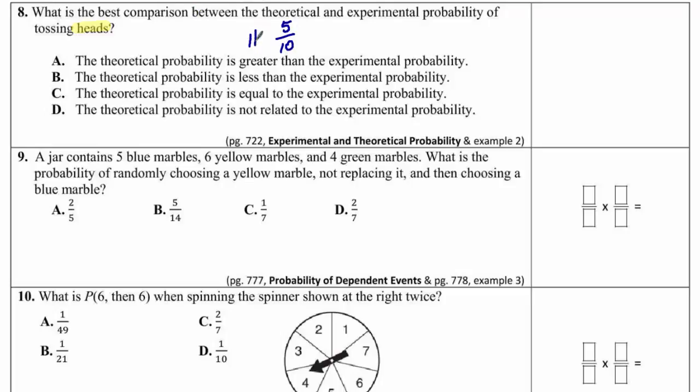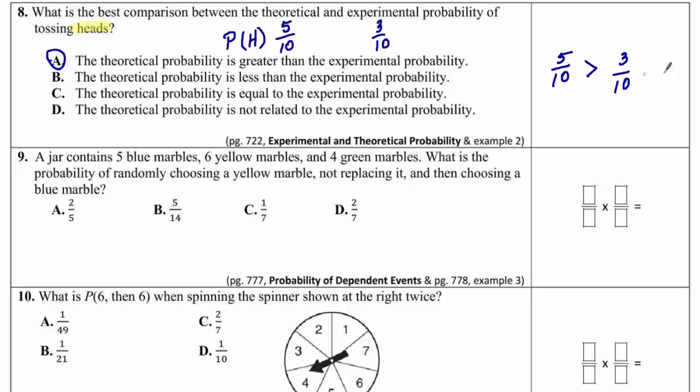That is the probability of tossing heads, 5 out of 10. But when they ran the experiment, they only got 3 out of 10. So we're comparing theoretical to experimental. So 5 out of 10 compared to 3 out of 10. Well, the theoretical is greater than, boom, the 5 out of 10 is greater than the 3 out of 10. Our correct answer is A.